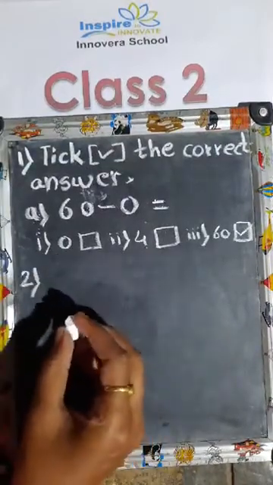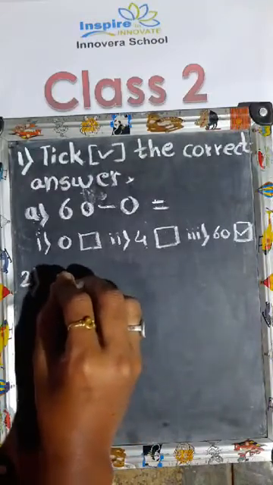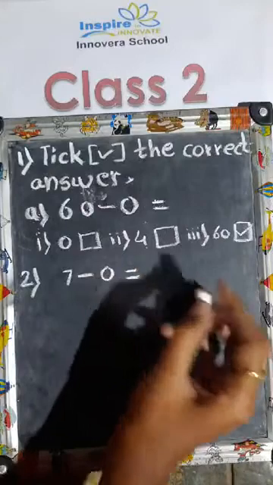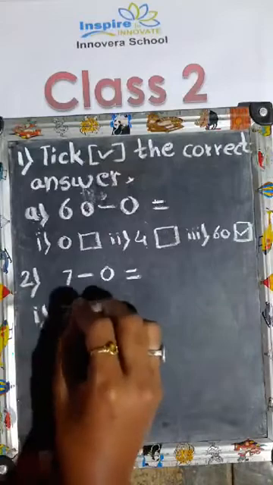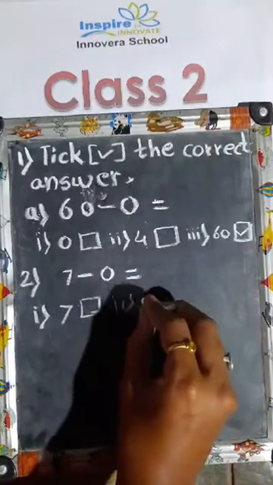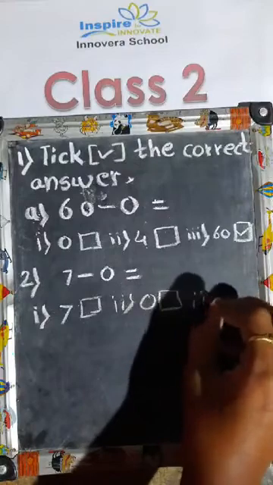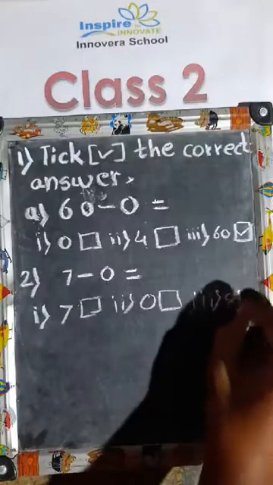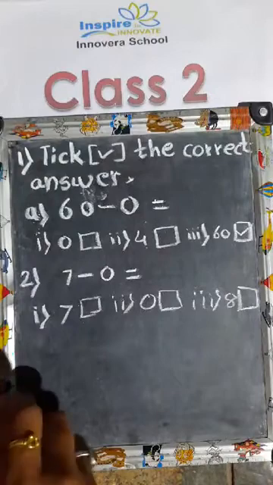What is the next one now? I will give one more example. 7 minus 0 is equal to, option 1 is 7, option 2 is 0, option 3 is 8. So, which one is correct? 7.